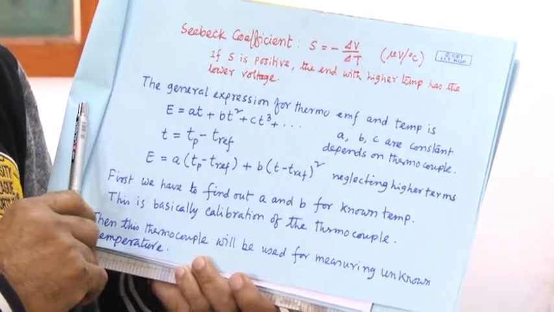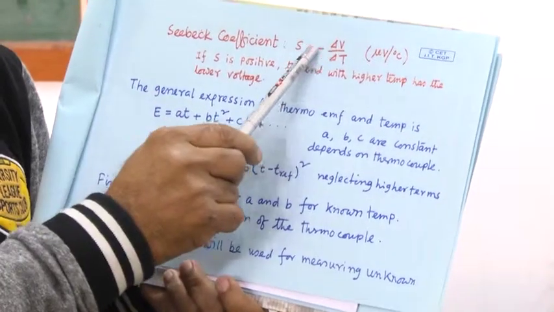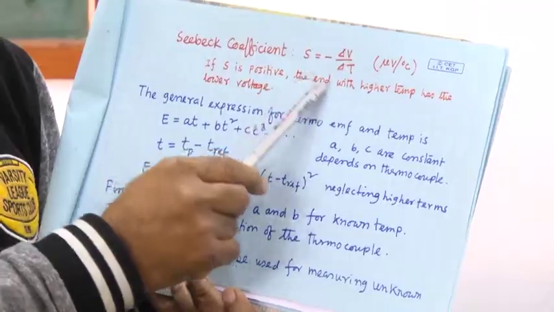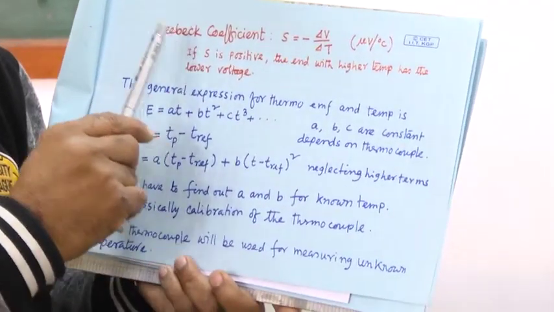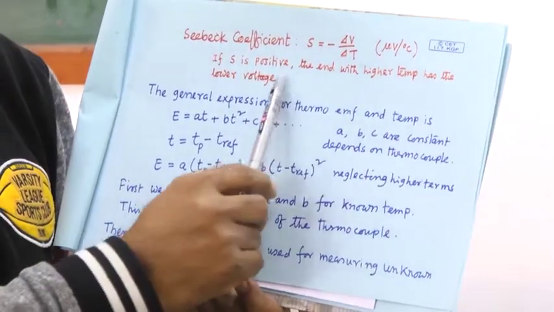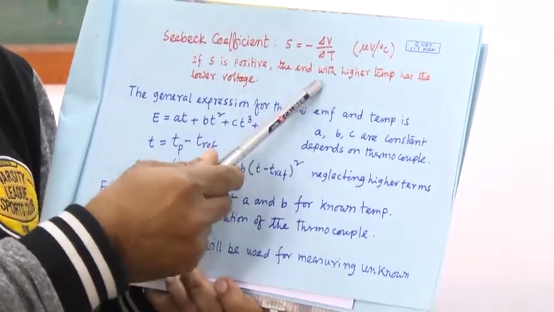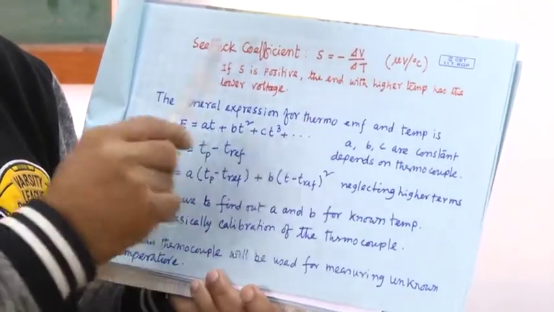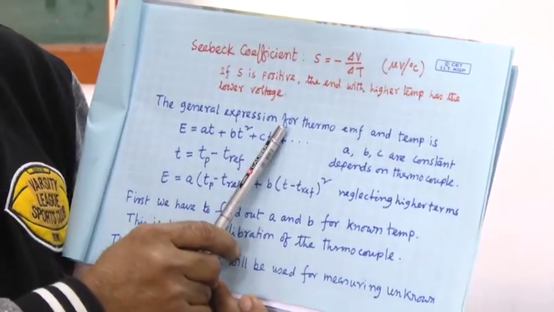Okay. So, this negative sign is there. Thus S is defined as positive or negative, and I have written that here. S will be positive when the end at higher temperature has the lower voltage. Okay.